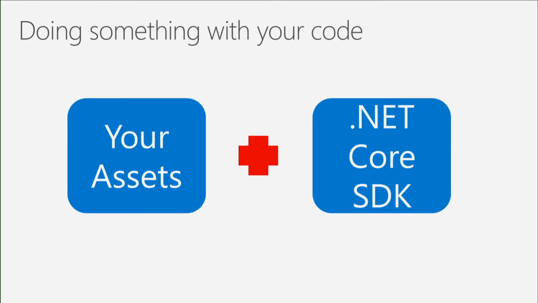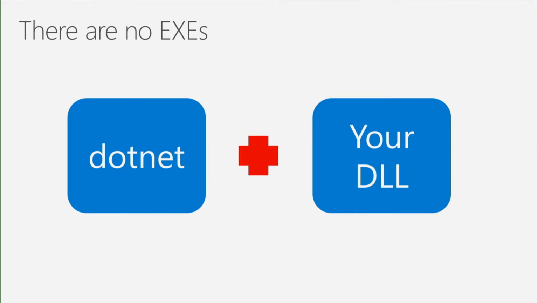Okay, so we looked at the assets. What do you do with them? So the two things you need are your assets and then the .NET Core SDK. If you're using Visual Studio, you install a different tools bundle, and the .NET Core SDK comes with it. And I'll show you how to get those. So once you've built your app, one key thing to note is there are no Exes in this model.